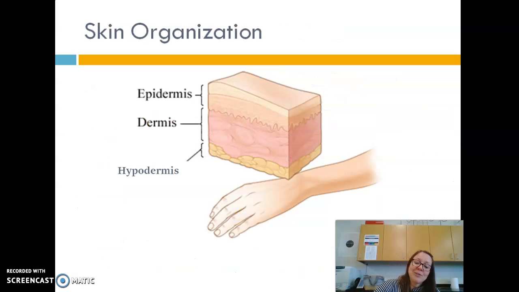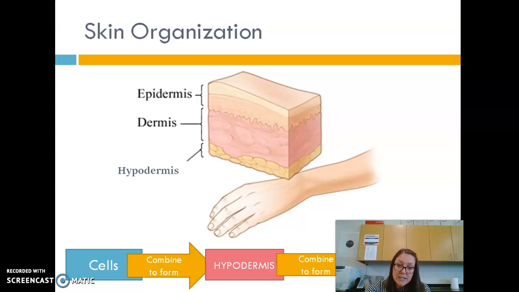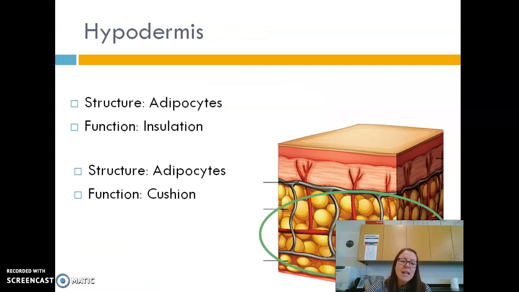So we are heading now to the last layer of skin, the innermost layer. We have specific cells within the hypodermis that contribute overall to the function of the integument. Those cells, if you take a look at this slide, are called adipocytes. Adipocytes are adipose, and another way to say that is fat cells. So the hypodermis is primarily just a really thick cushioning layer of fat.